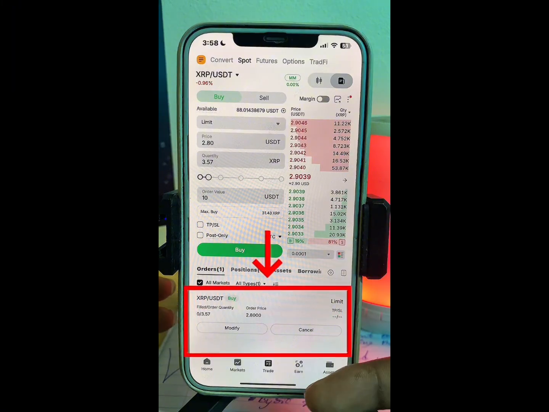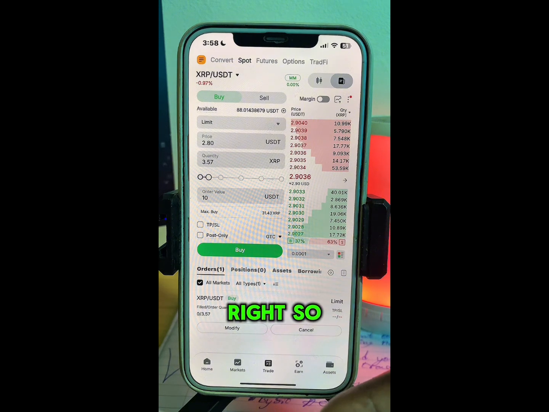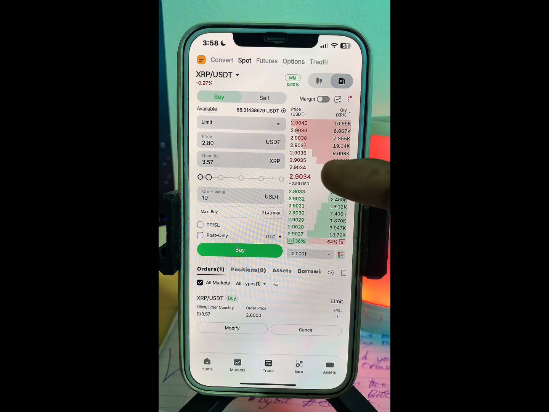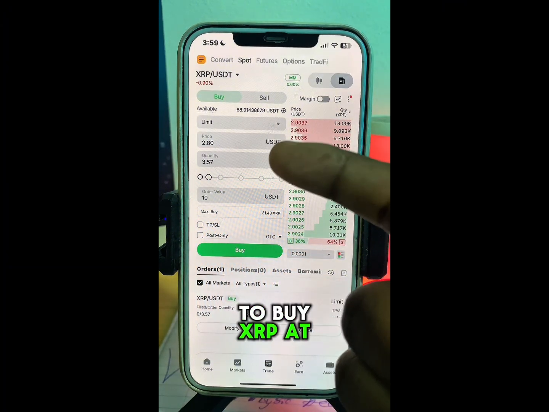If you look at the bottom here, you are going to see that I have an open order here, right? So the order will be open here until the market price of XRP drops to the price at which I want to buy XRP at.